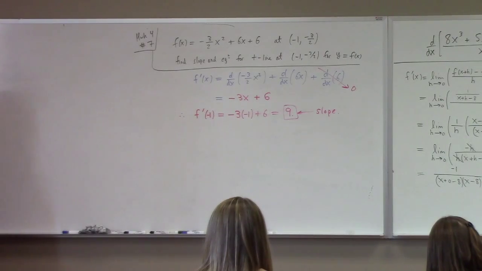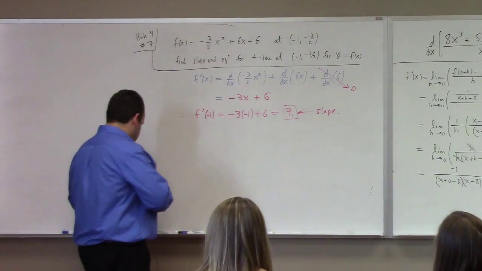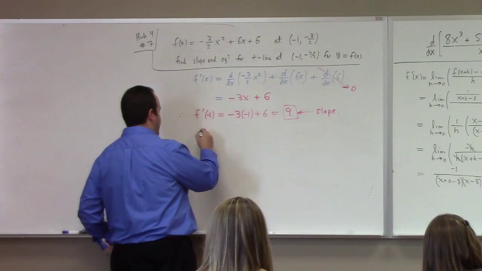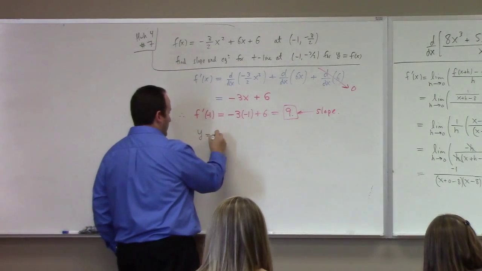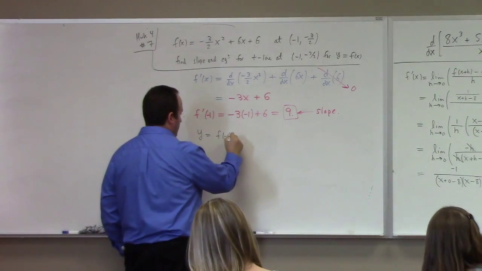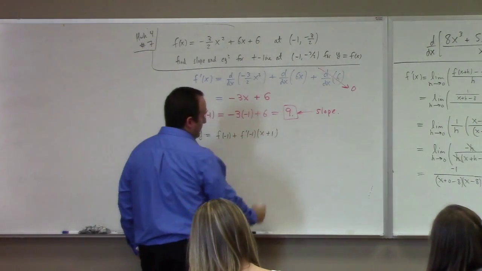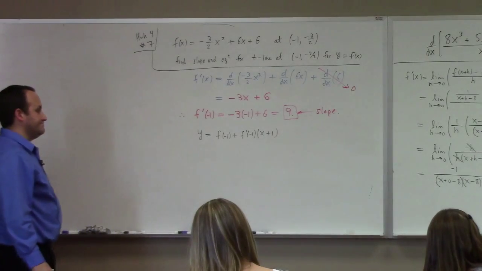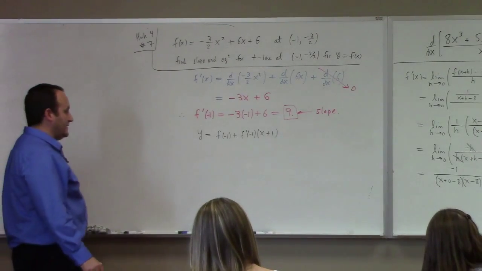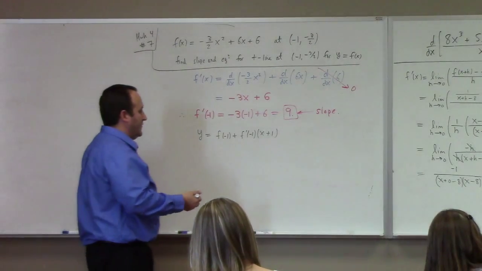And then what's the equation of the tangent line? Again, I'm going to be lazy and use my go-to formula. Y is equal to f of minus 1 plus f prime of minus 1 times x plus 1. And I know everything there. I just plug it in. What's f of minus 1?